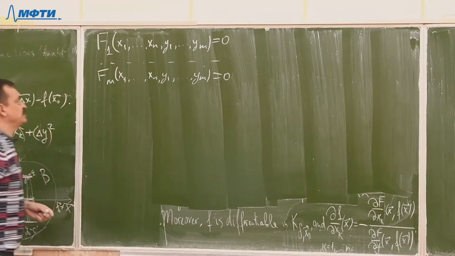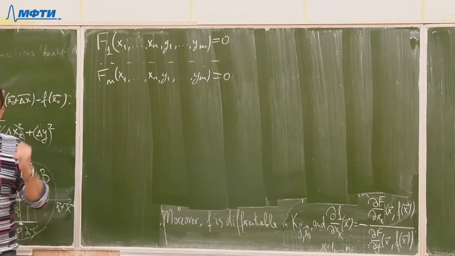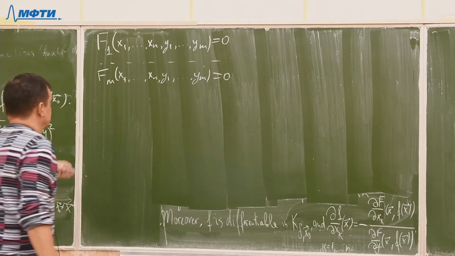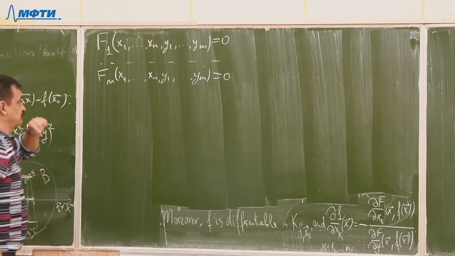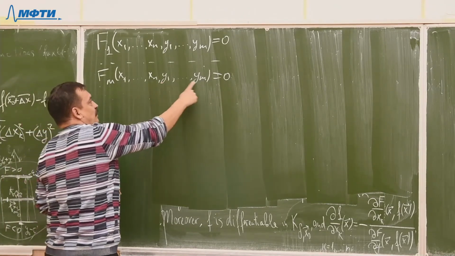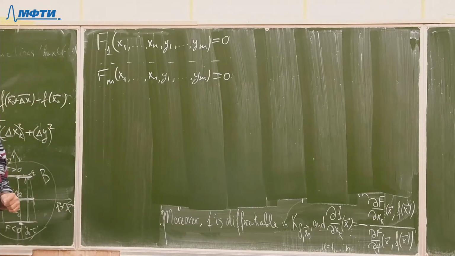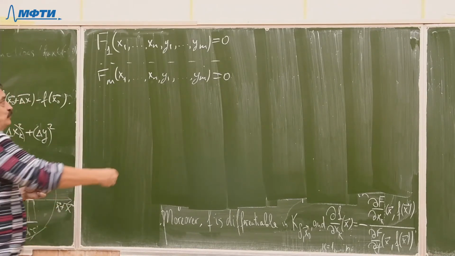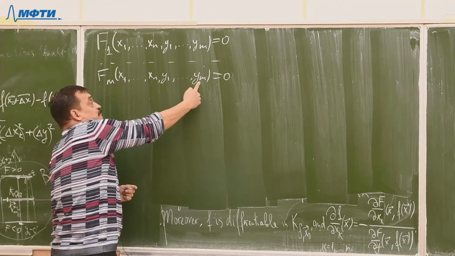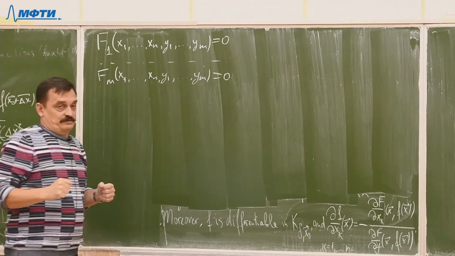So we have a system of m equations with n plus m variables. You see, n variables x, m variables y's. And we want to solve this system of equations with respect to the last m variables.